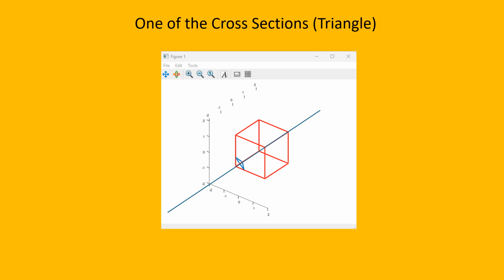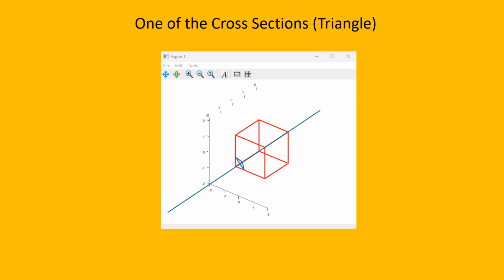So let's look at one of the cross sections. Here is the line L and the cube, and if we take a plane maybe right about here intersecting the cube, that cross section will be a triangle.